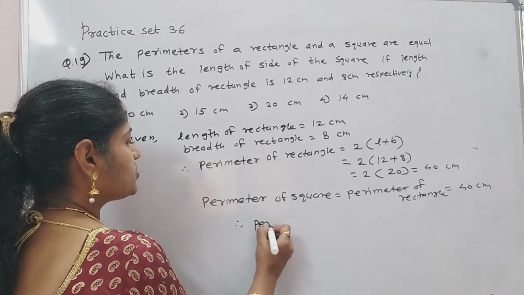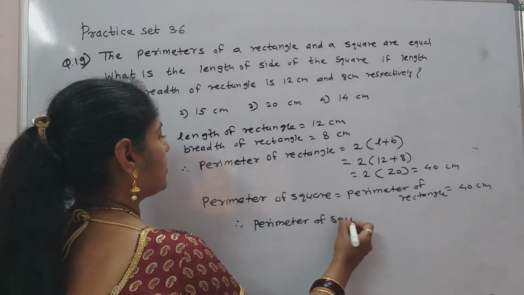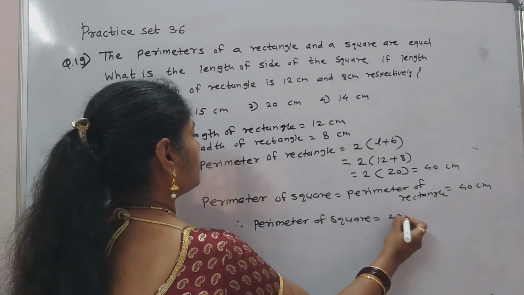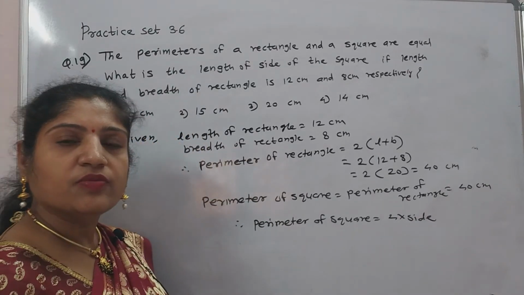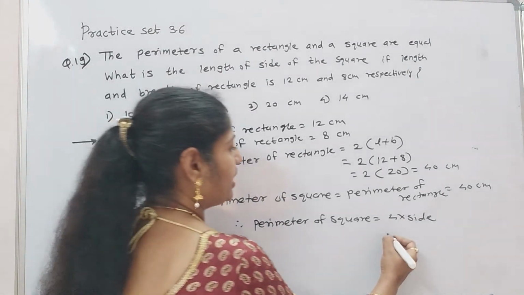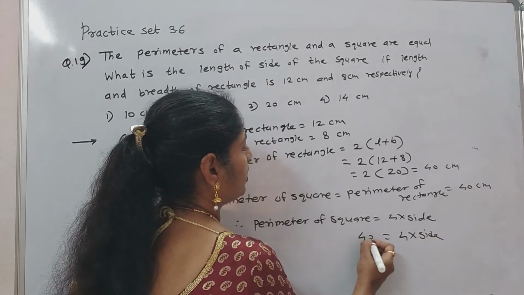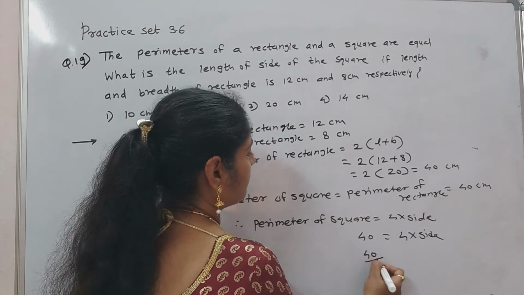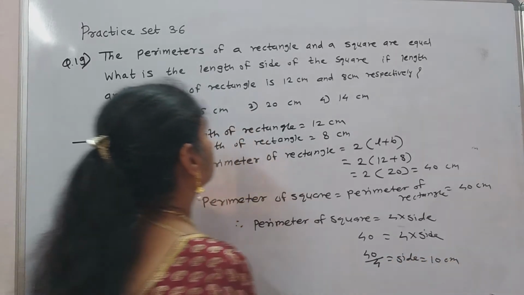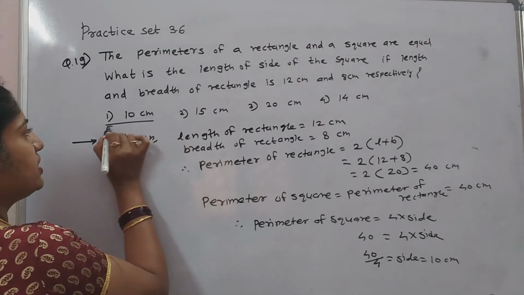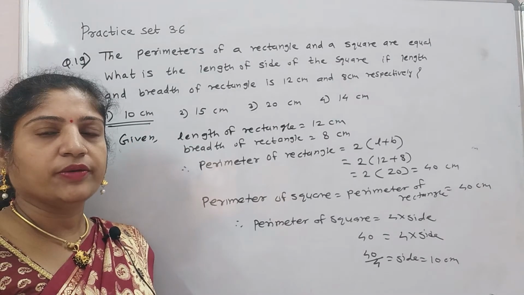The formula of perimeter of square is 4 into side, since all sides are equal. 4 into side equals 40. So 40 divided by 4 equals side, that is 10 centimeter. So side of the square is 10 centimeter. Answer is option number 1.